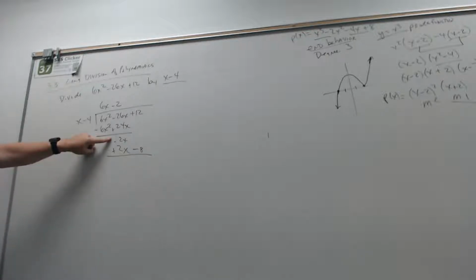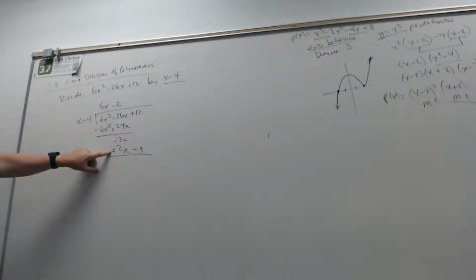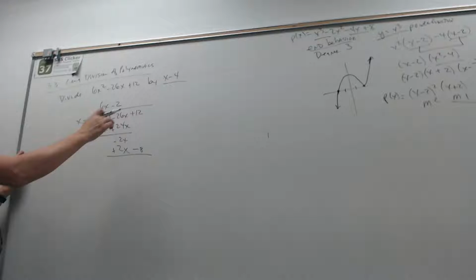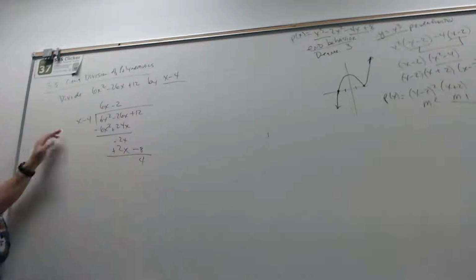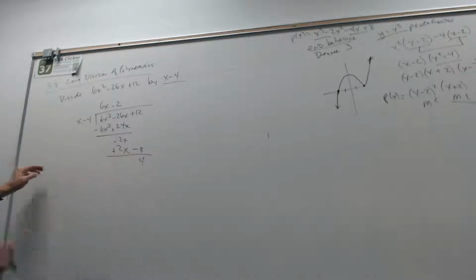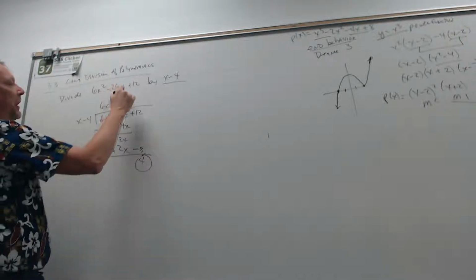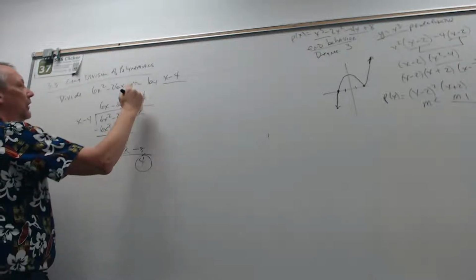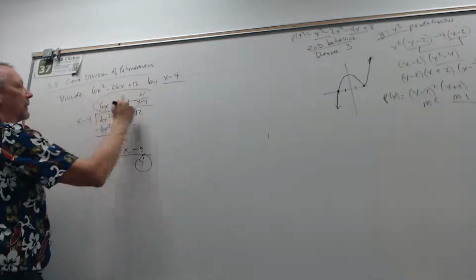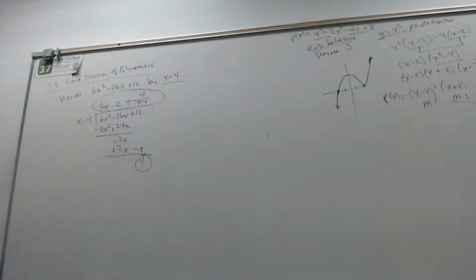Negative 2x plus 2x is 0. 12 minus 8 is 4. Does x go into 4? No, this is your remainder, so this is plus, and this is how I want you to write your remainder, 4 over x minus 4. That's the answer. Okay?